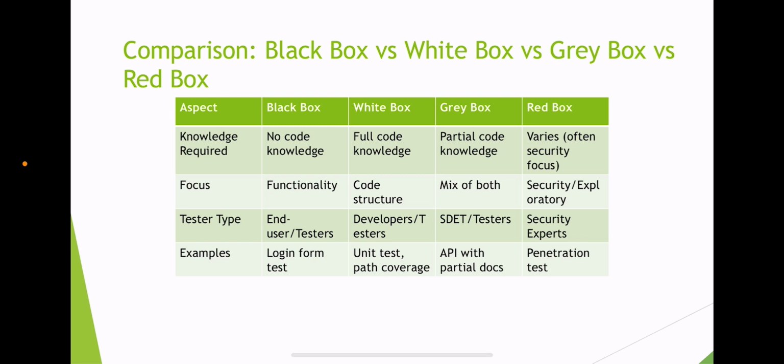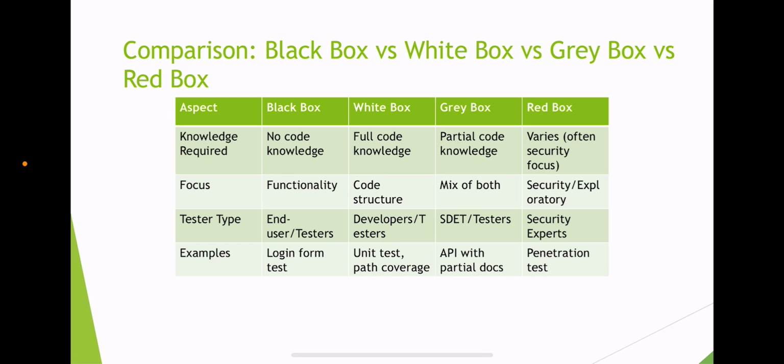White box testing is generally done by the developer, so it may require full code knowledge. In gray box testing, partial code knowledge is required, where he knows some of the backend part or some of the UI part. Based on the combination, he is doing gray box testing, whereas red box varies, often regarding the security focus of the application.